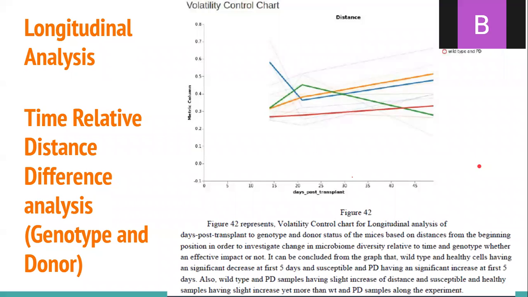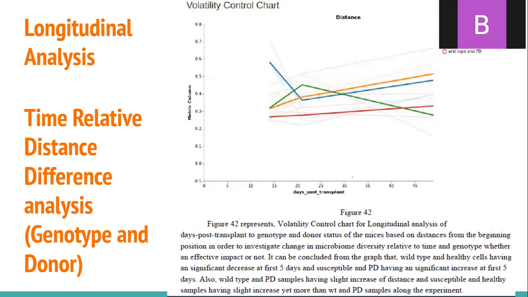In this slide, time relative distance difference analysis of the genotype and donor type together has been investigated. Another name for this one is longitudinal analysis. The figure of the volatility control chart shows the difference relative to time. This is the 0 and this is the 49 days, basically.